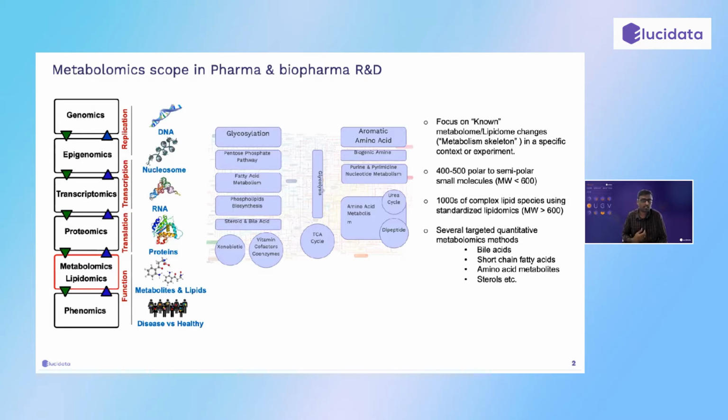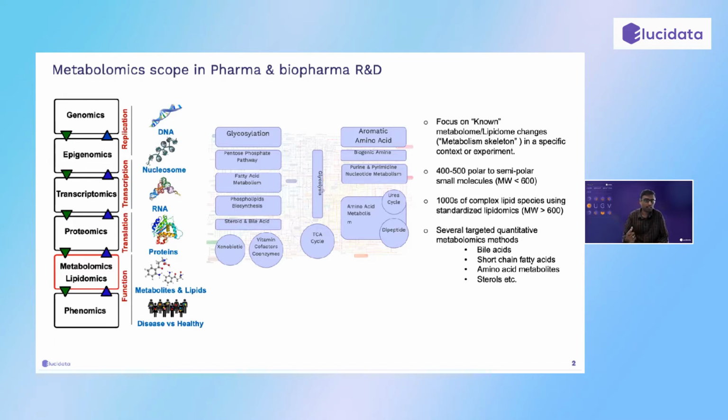Essentially, what is happening to this metabolic skeleton in a specific context, for example, drug-treated versus control, or one animal model versus another animal model. We are interested in the known metabolites because the unknown metabolite space is a very complex problem to solve, and it takes a lot of time to evaluate.